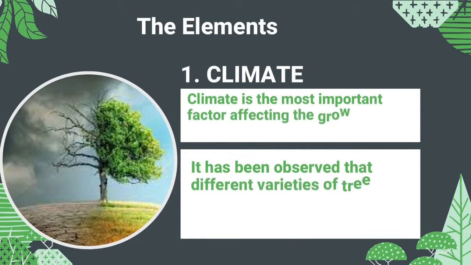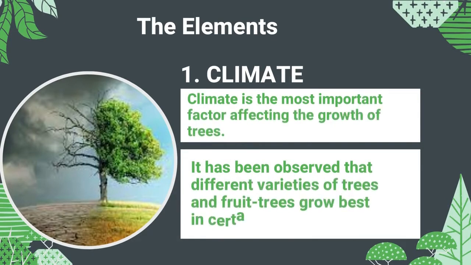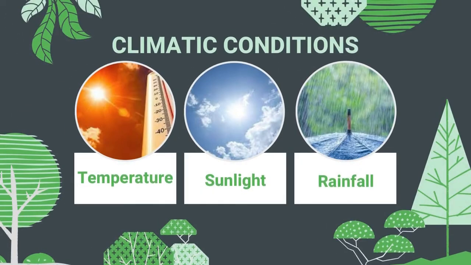So, climate is defined as the most important factor affecting the growth of the trees. It has been observed that different varieties of trees and fruit trees grow best in certain climatic conditions. So in our diagram, we have the temperature, sunlight, rainfall.